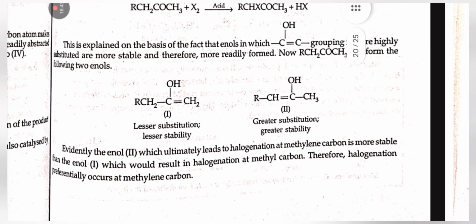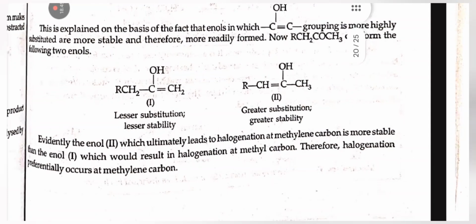Now RCH2 C double bond O CH3 can form two enols: lesser substituent, lesser stability; greater substituent, greater stability. Evidently, the enol which leads to halogenation at the methylene carbon is more stable than the enol which would result in halogenation at the methyl carbon. Therefore, halogenation preferably occurs at the methylene carbon.